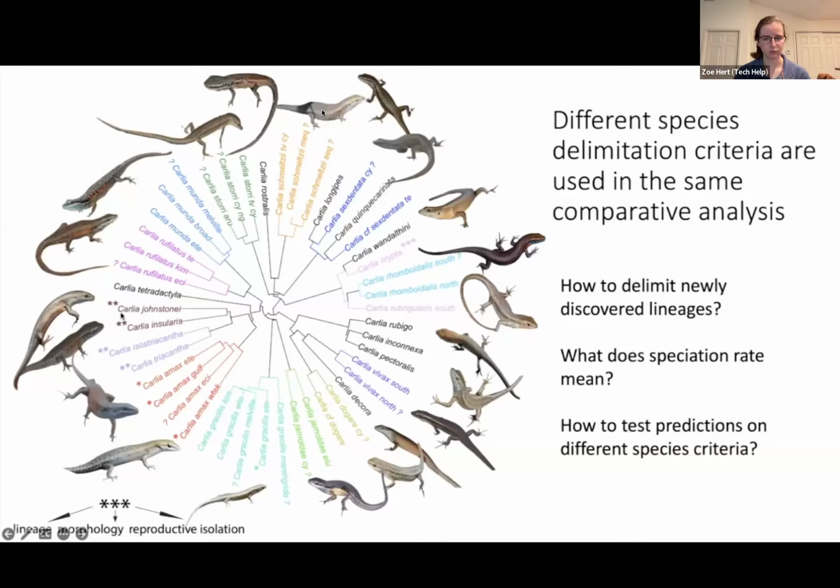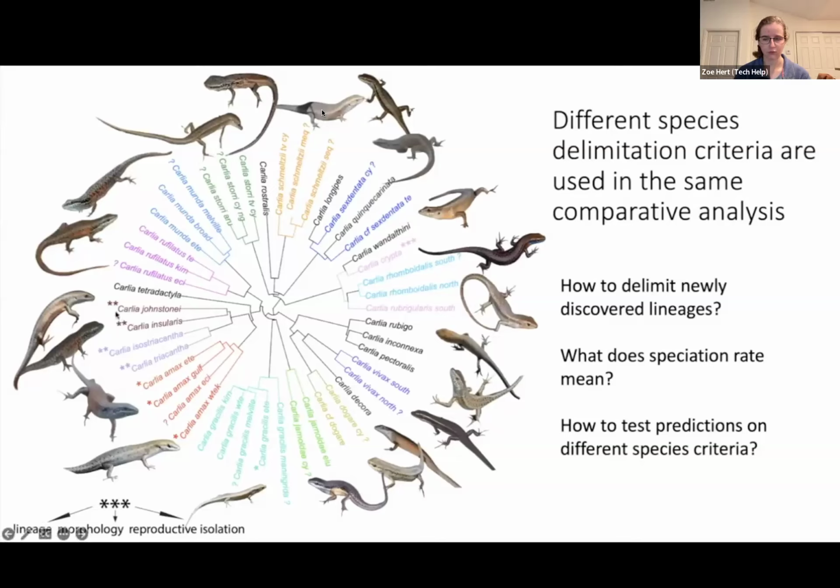The first star means those lineages have accumulated substantial genetic divergence, so that they should be called different species according to the general lineage concept of species. The evidence could come from things like a structure analysis to show that there is no population admixture, or by comparing the model fit with gene flow and without gene flow.